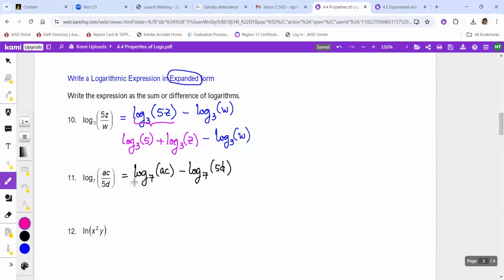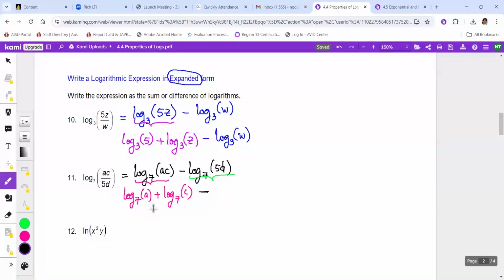Okay, so now our step 2, we go back and we start with log base 7 of AC. We are going to use the product property to expand it, to make it longer. So that will give us log base 7 of A plus log base 7 of C. Next, we keep going. Now we are going to use the product property again, but you have to be careful because we have the minus.